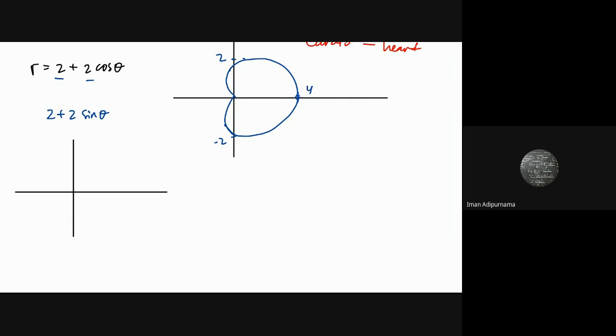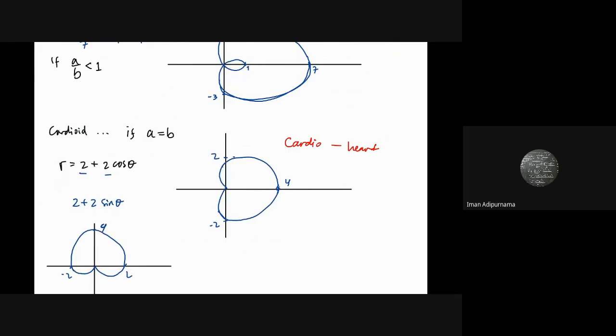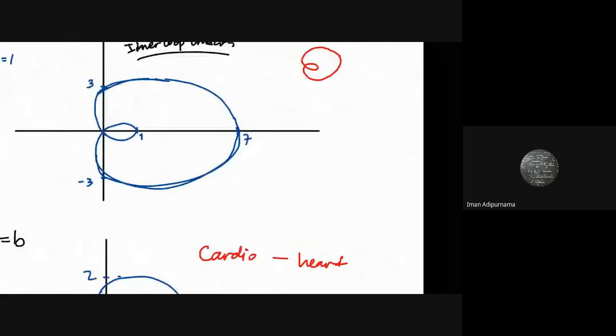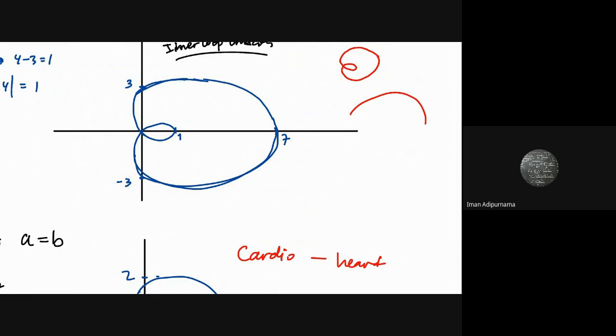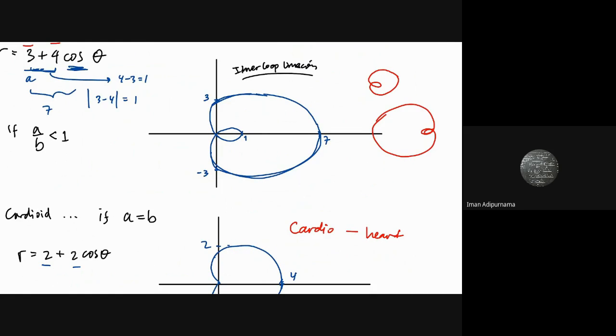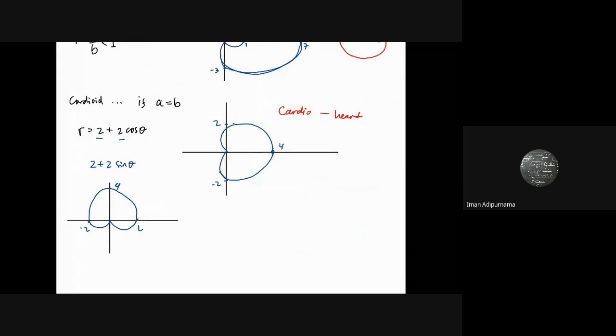So if it is positive, then it will be like that, and this will be 2, negative 2, and this will be 4. Same way if you have the cos, then if you have the negative, then it will be like that. Okay, that's the cardioid.